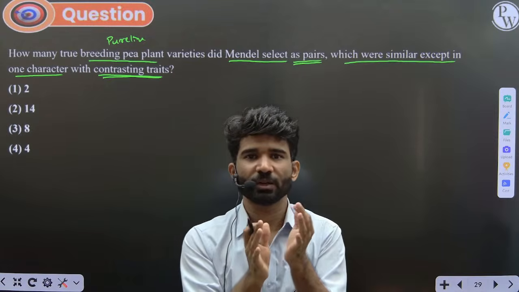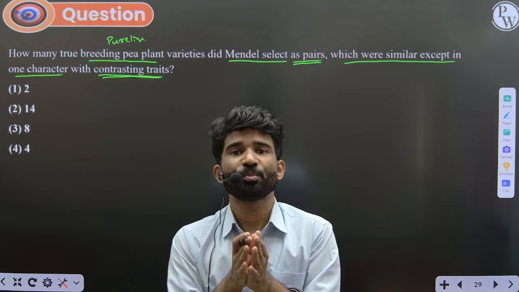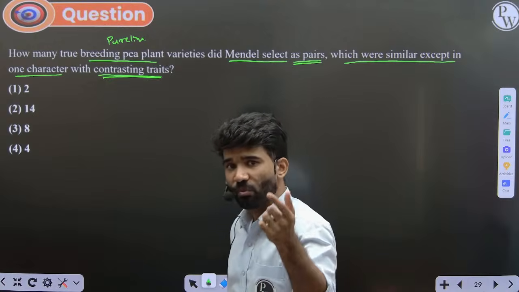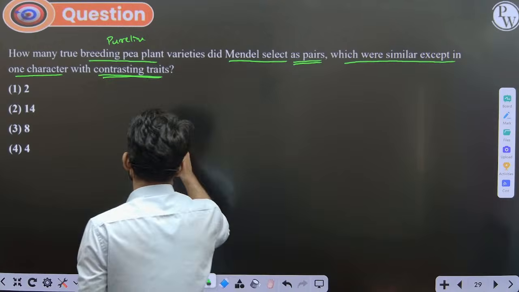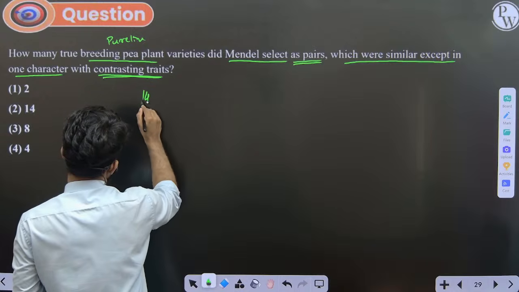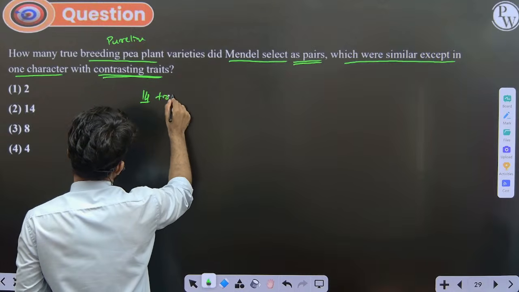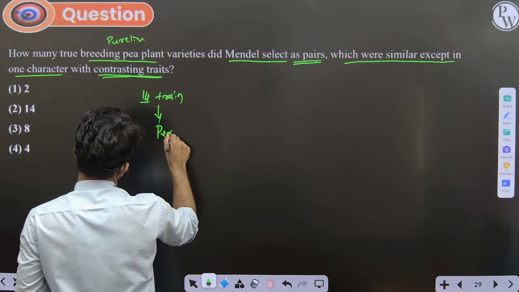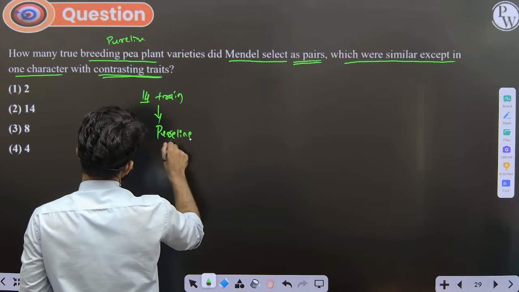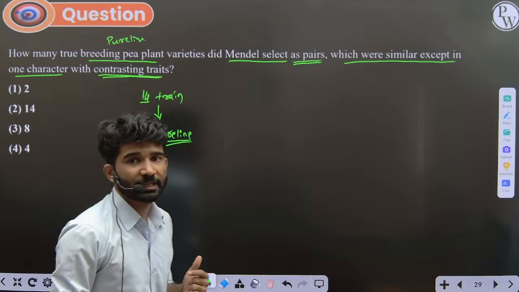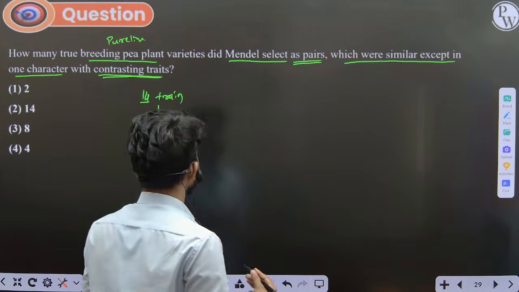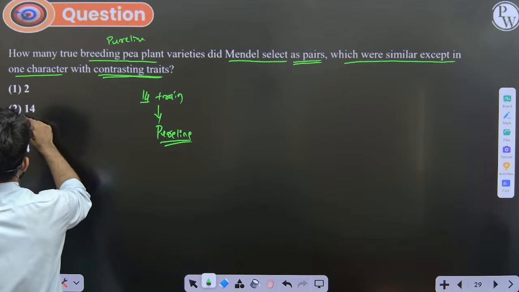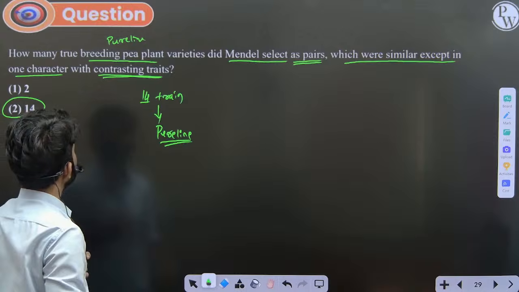They are pure lines, purely homozygous, produced through pure line breeding by continuous self pollination. What Mendel did was, there are 14 contrasting traits. For all the 14 traits, Mendel got a pure line. He produced pure lines for all those 14 traits, and he also crossed them by monohybrid crossing. So this is 14 traits.